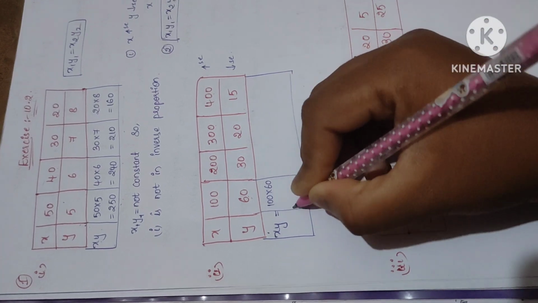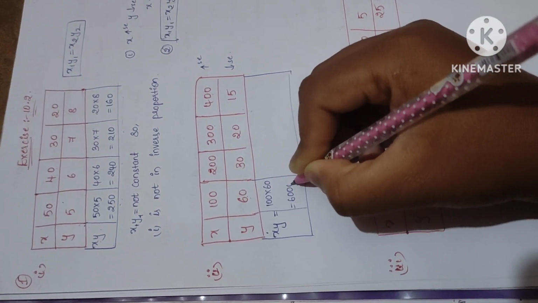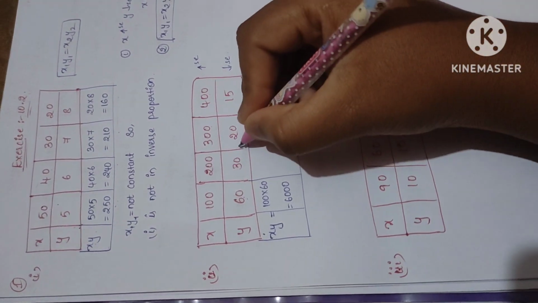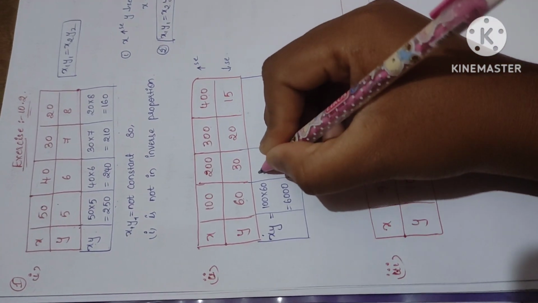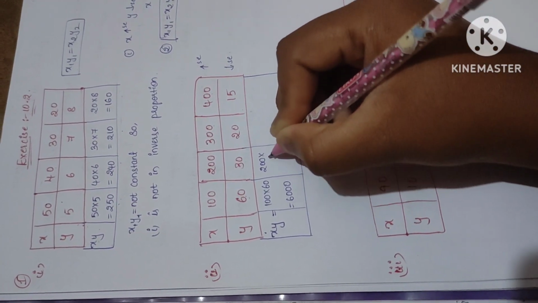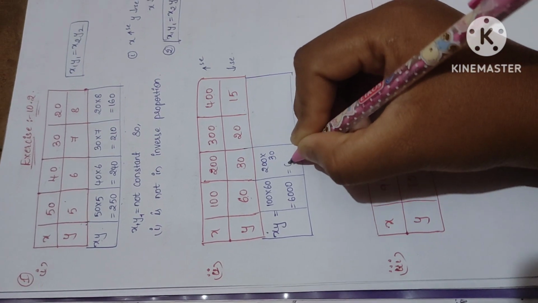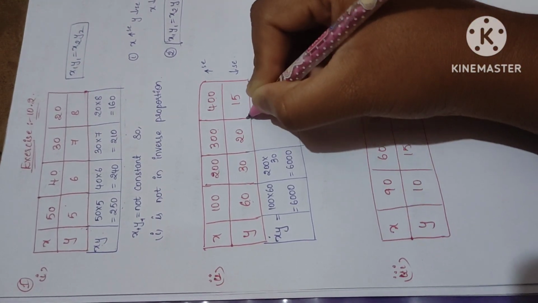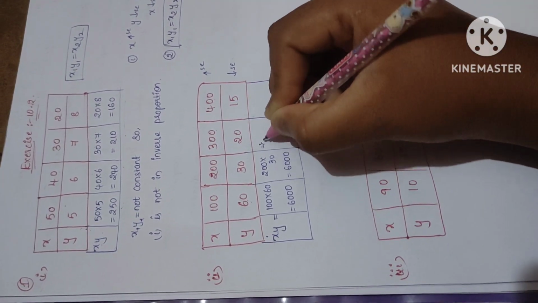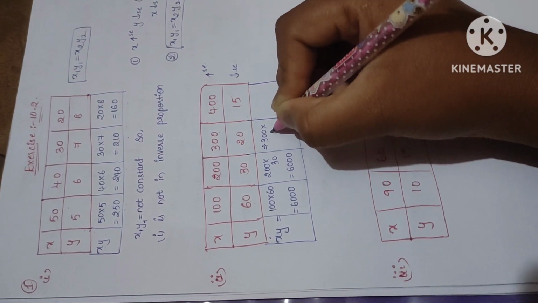So if you see first column, 100 into 60, that is 6000, and second column is 200 into 30. 2 3s are 6, 3 zeros, that is 6000. In third column 300 into 20, 3 2s are 6, 3 zeros, that is 6000.